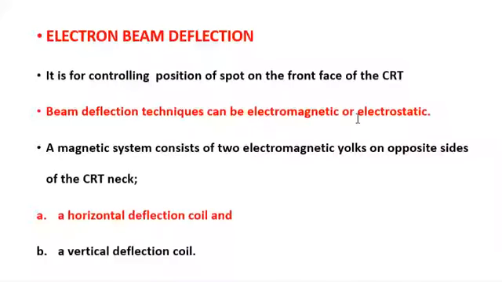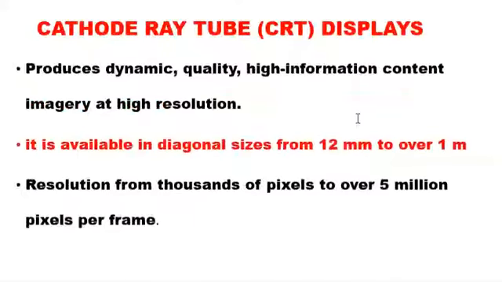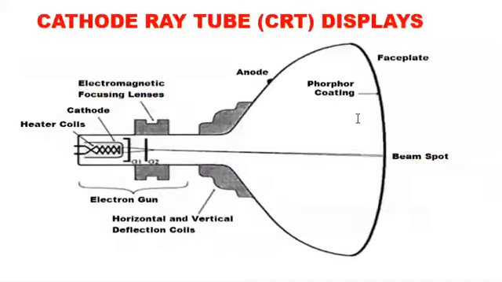We have the electromagnetic and we have the electrostatic version. The electromagnetic system has 2 electromagnetic yokes. A yoke is nothing but just like a rod that has two ends, and these yokes are placed on the opposite sides of the neck of the CRT, as we have seen here.